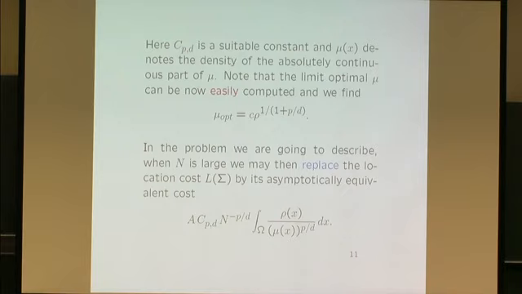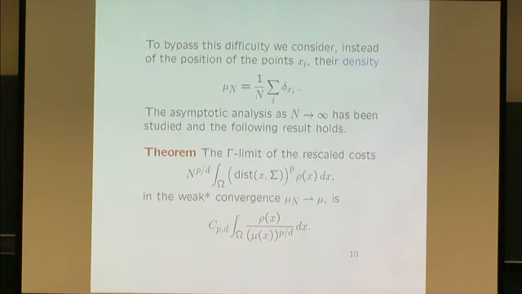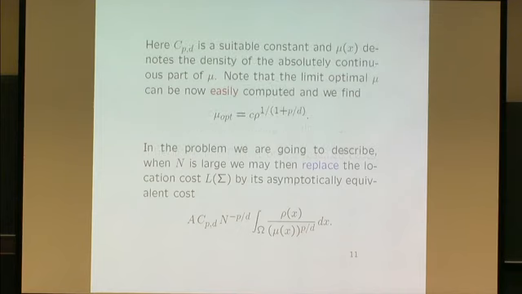So instead of the location term, we use this, where n is the number of airports again, c is the constant which appeared in this asymptotic analysis, and this coefficient a takes into account the technology of trucks. So given a certain kind of truck, this provides you the coefficient a. And so this is the continuous cost function.